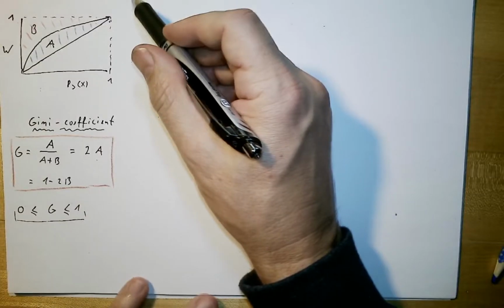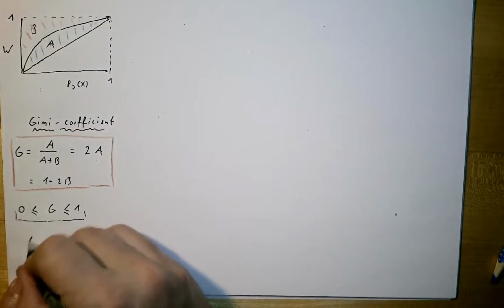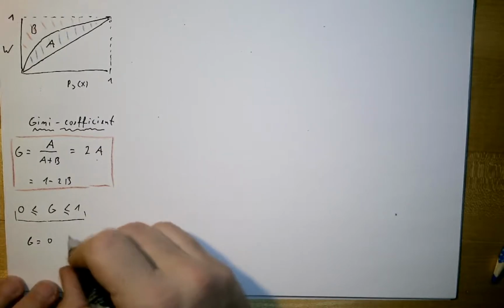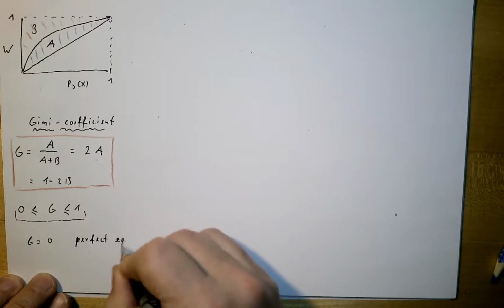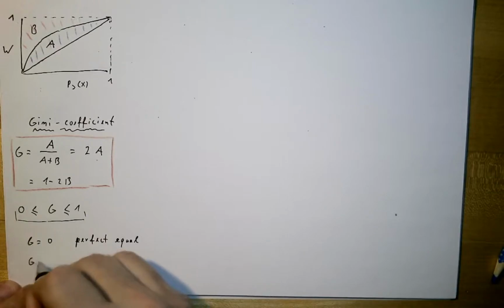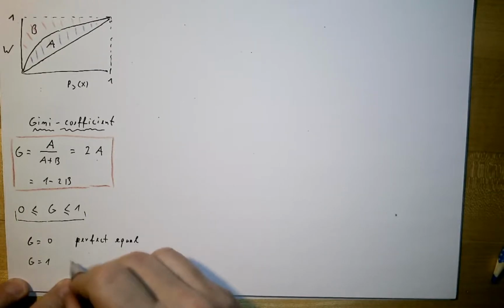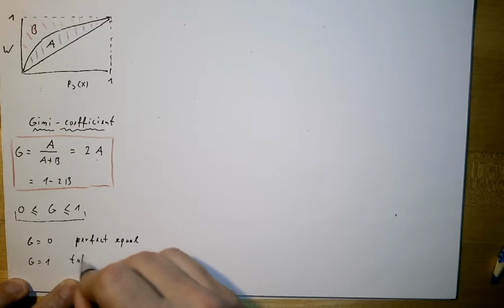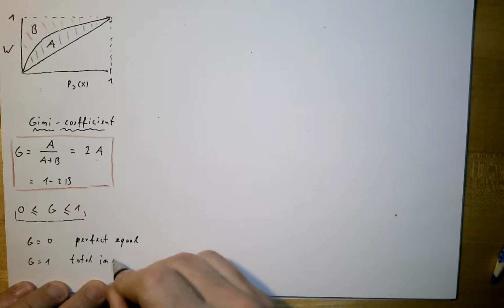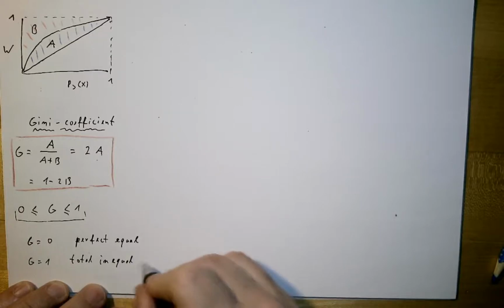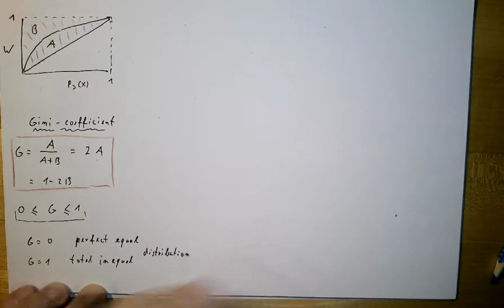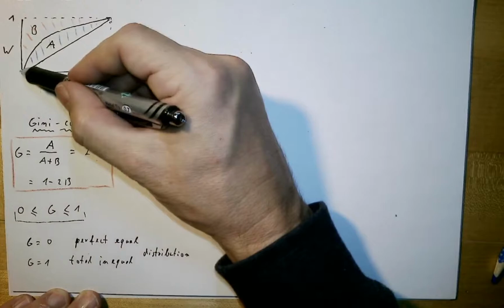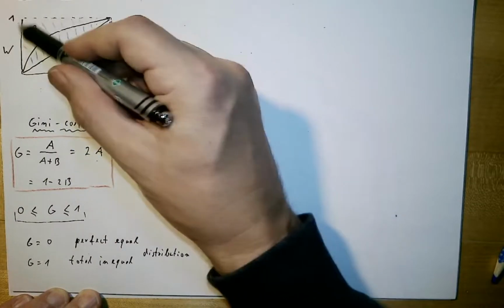And this is now our measure of inequality. So if G equals 0, we have equal distribution, perfectly equal, and G equals 1 would be a perfectly total unequal distribution, because for G equal 1, the Lorentz curve directly hits the 1.